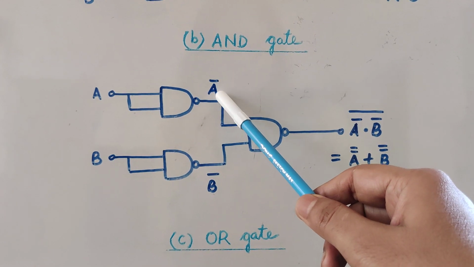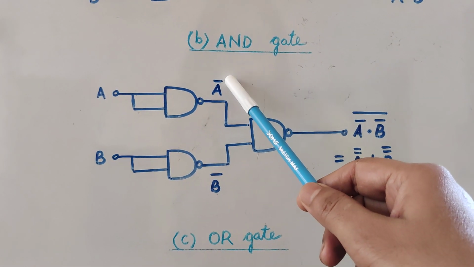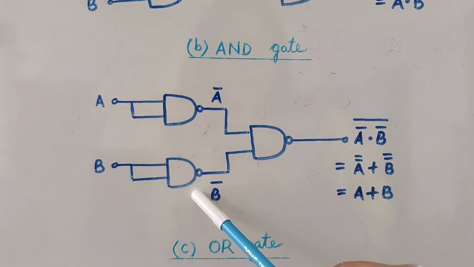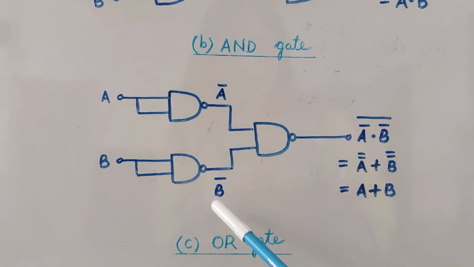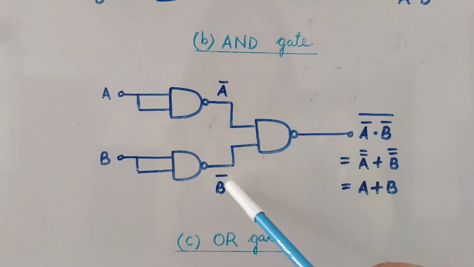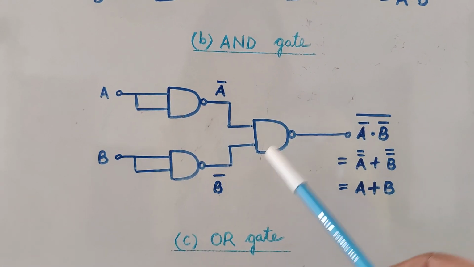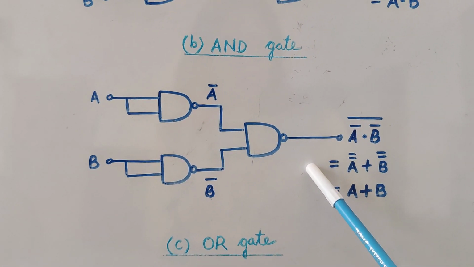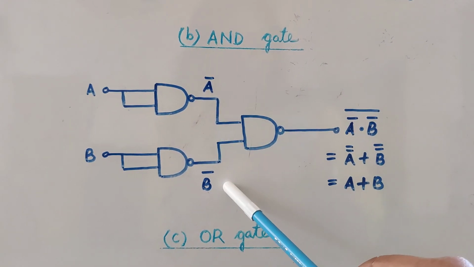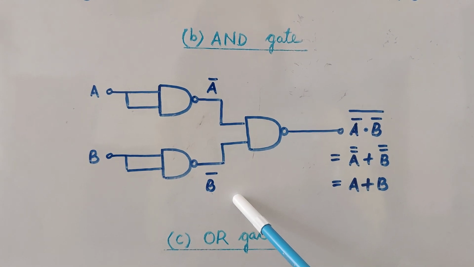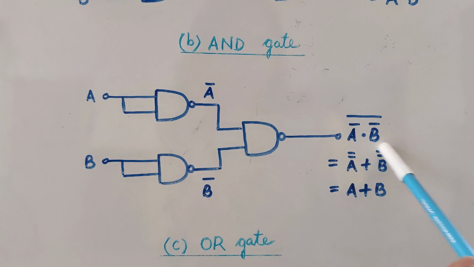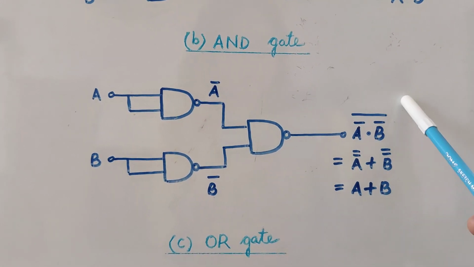So the output obtained by the first NAND gate will be the complement of A, and the output obtained by the second NAND gate will be the complement of B. Now these two outputs are given to the input of a third NAND gate, which will give the output as the complement of the product of these two inputs. So we will get A complement dot B complement, whole complement.